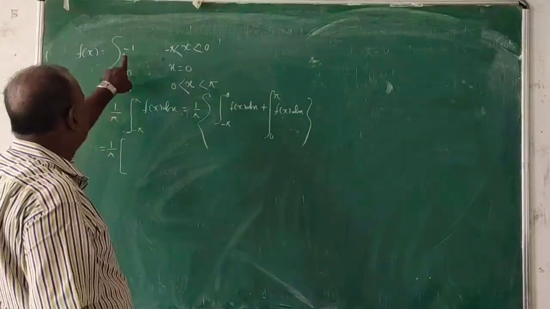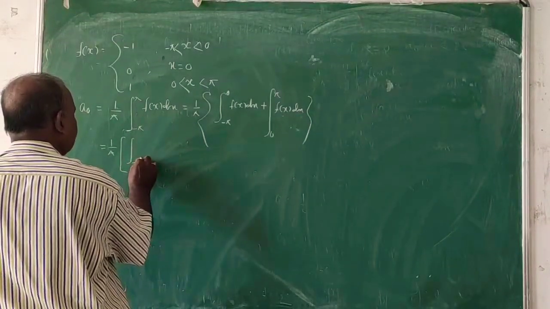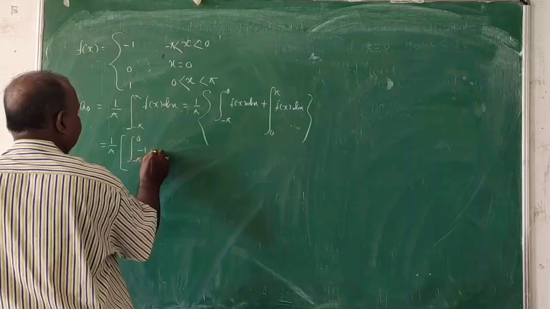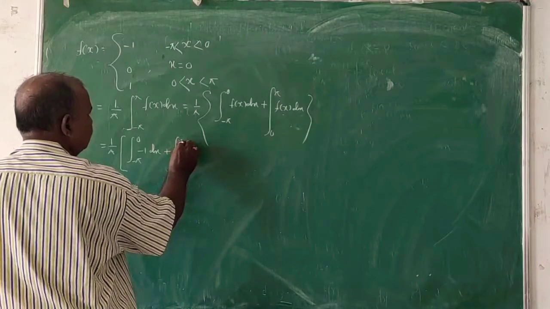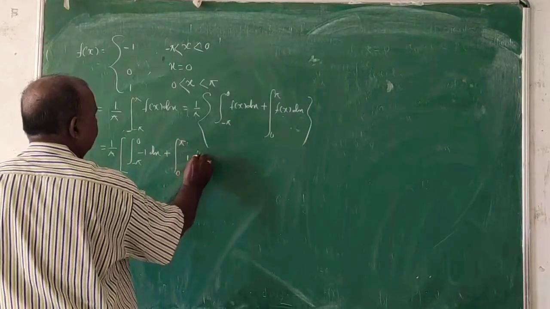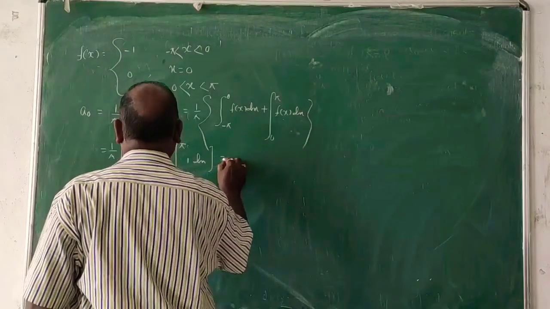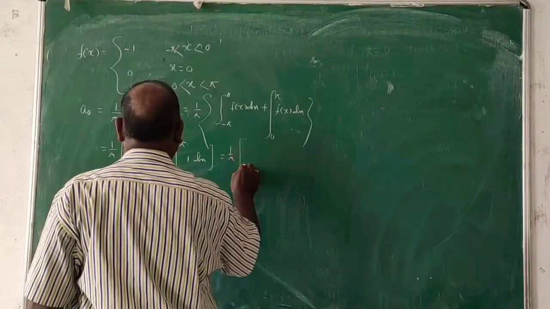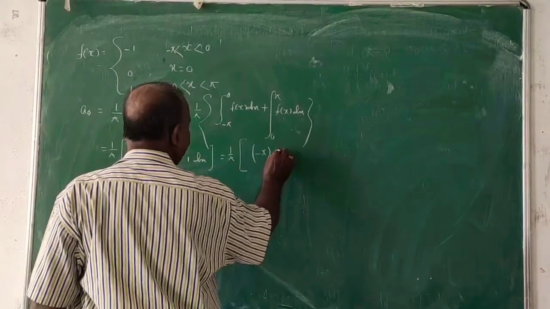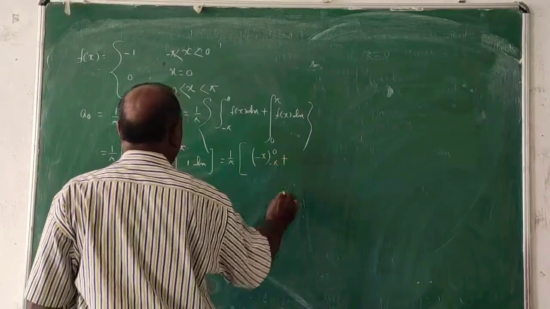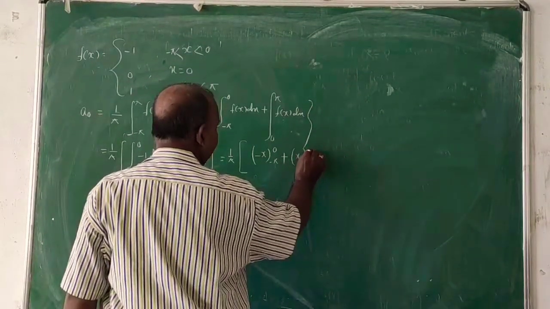This is equal to 1 by pi, the integration from minus pi to 0, where the value of f of x is minus 1, so minus 1 into dx, plus the integration from 0 to pi of 1 into dx. This is equal to 1 by pi, minus x with range minus pi to 0, plus x with range 0 to pi.